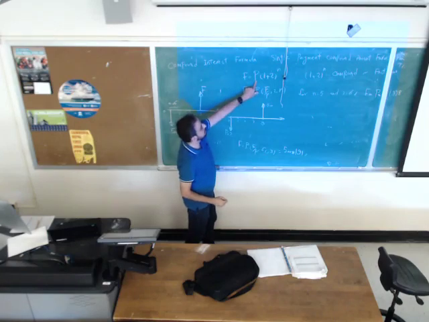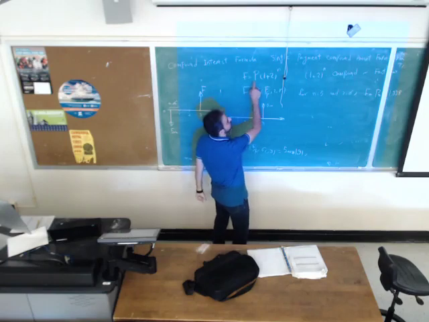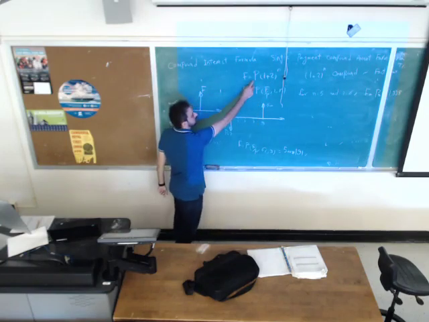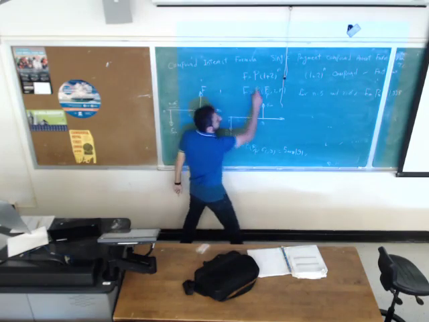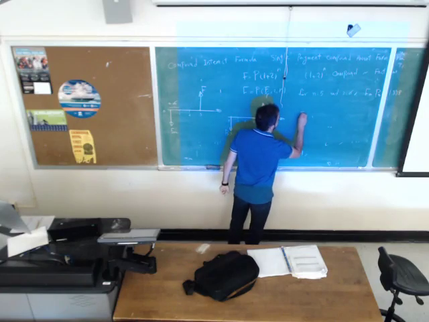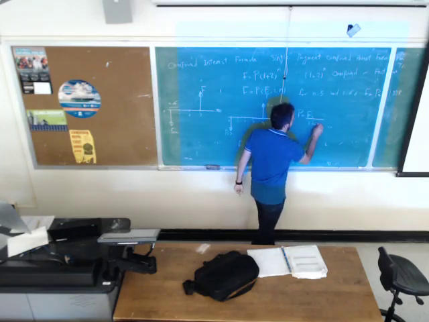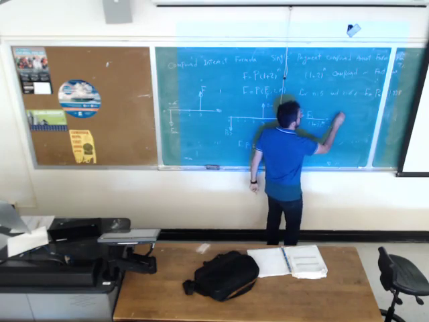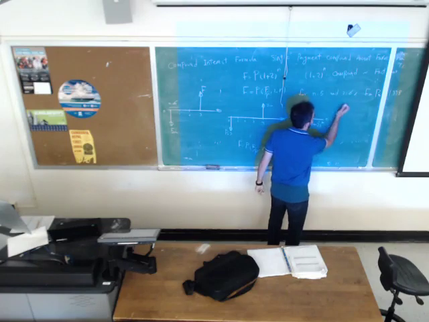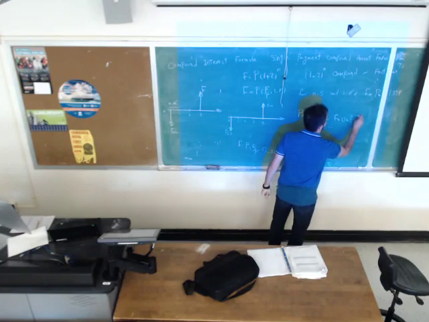If I'm looking for P, I should divide F by this one. F equals P times this, so P equals F divided by (1 + i)^n, or F times (1 + i)^(-n).